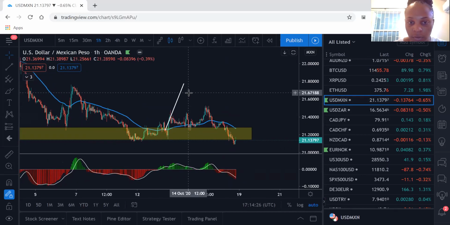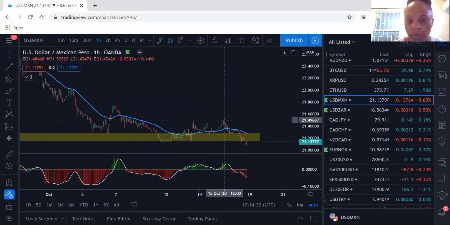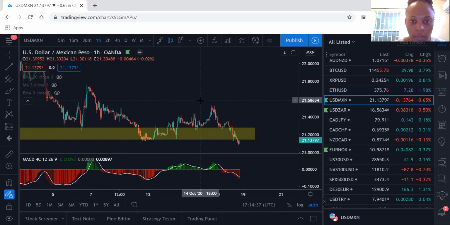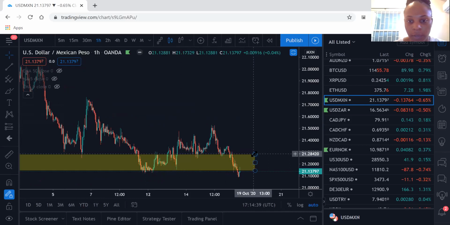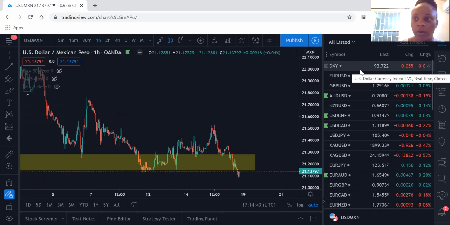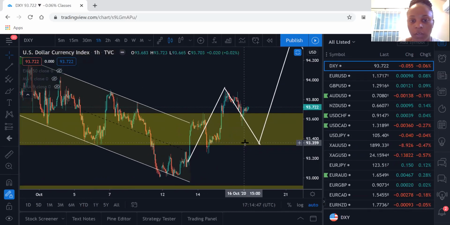I think it was this one, though. There were some other ones too, but this is a good example. Let me take off some stuff and open this up. Let's go through the different types of head and shoulder before you look for the complicated one. So let's start here with the DXY.